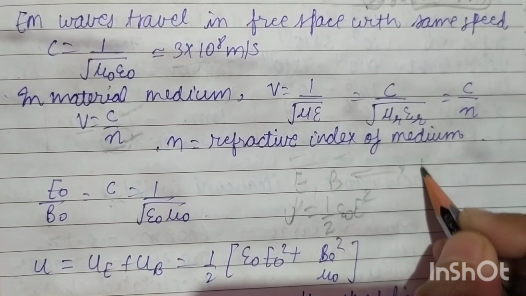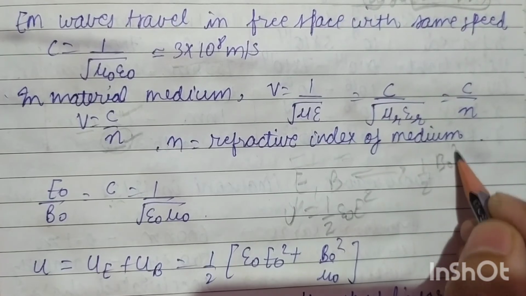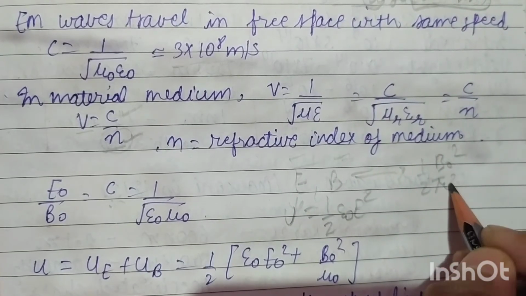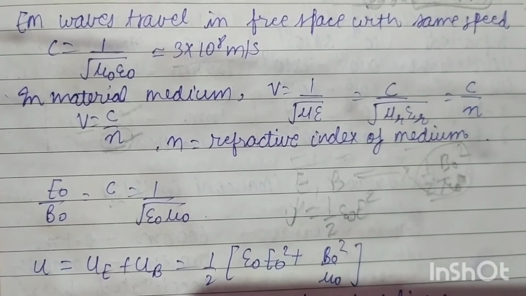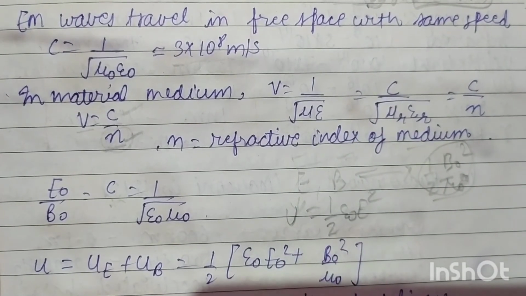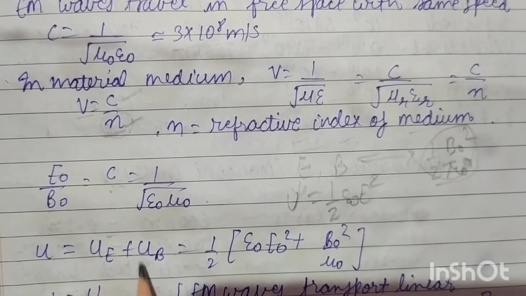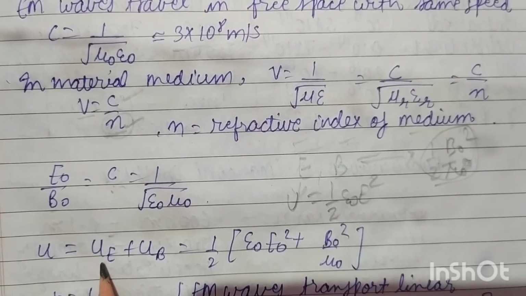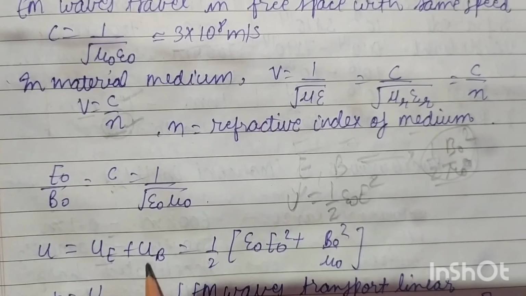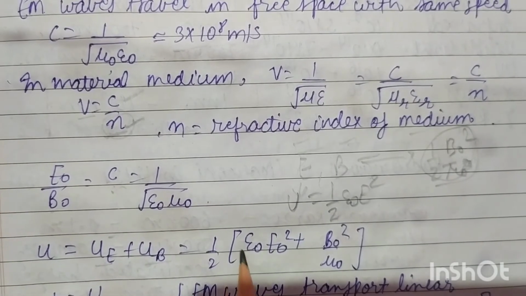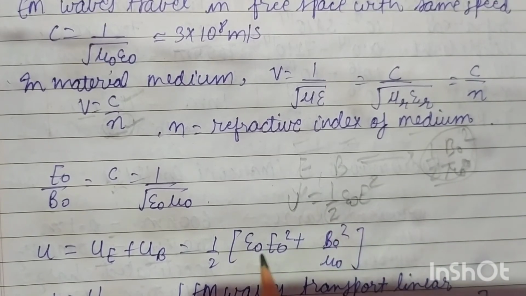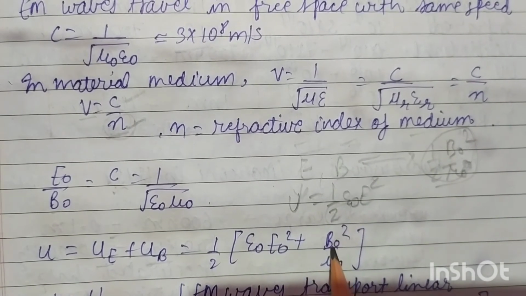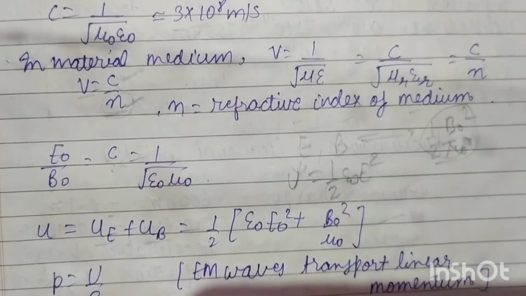The energy stored in the magnetic field is B square divided by 2 mu naught. Now what will the total energy be? The total energy will be UE plus UB, the energy stored in the electric field plus the energy stored in the magnetic field. The sum will be 1/2 outside, epsilon naught E naught square plus B naught square divided by mu naught. It will be the total energy.